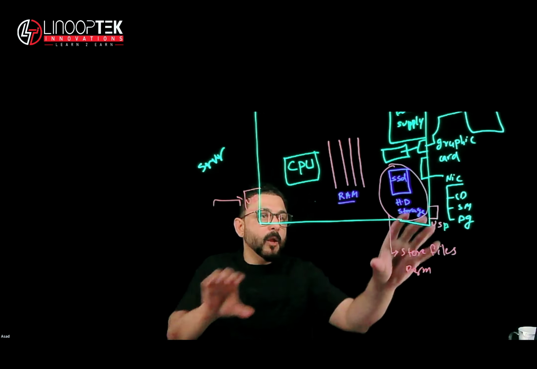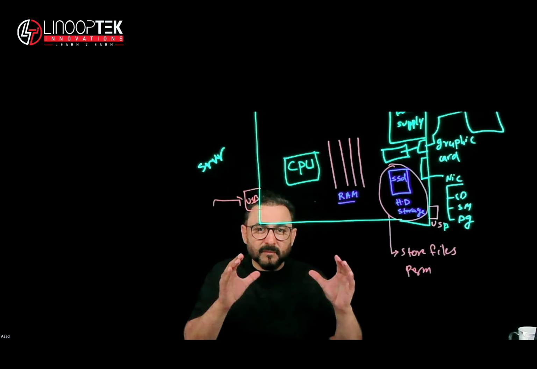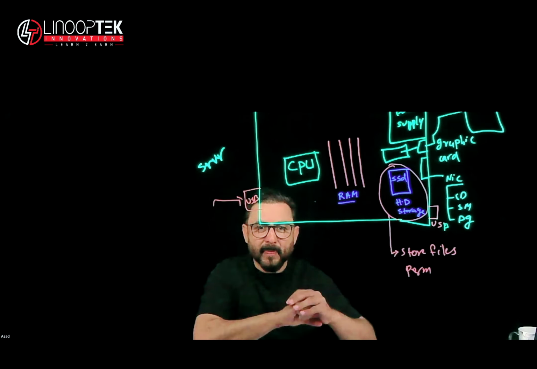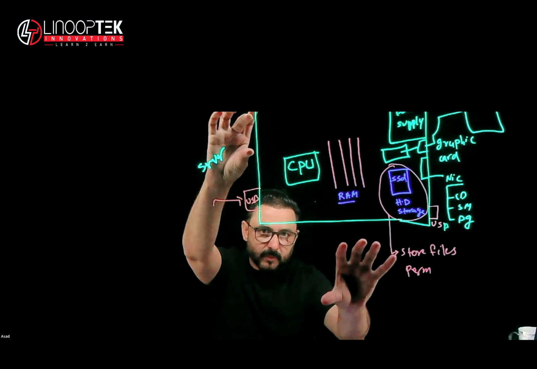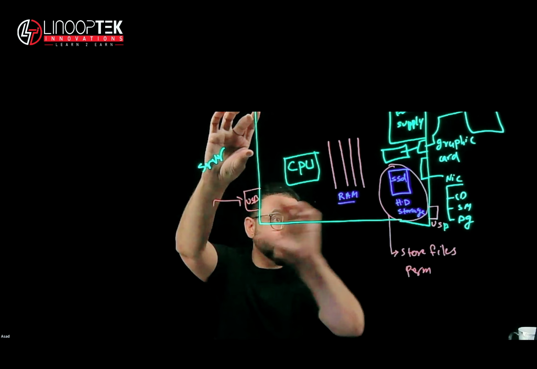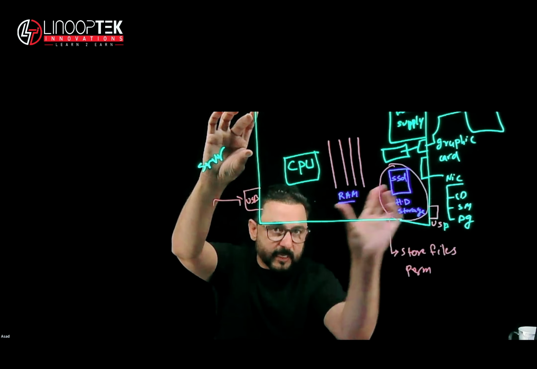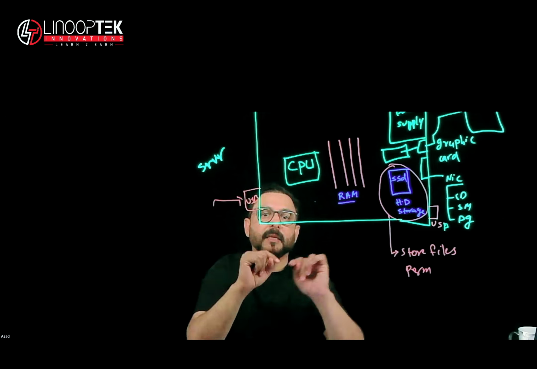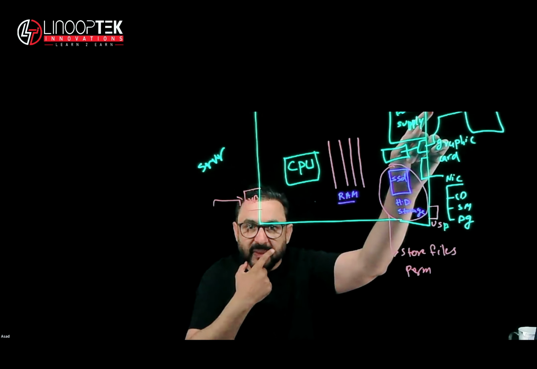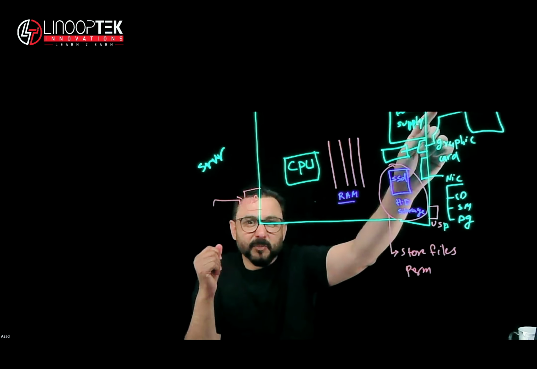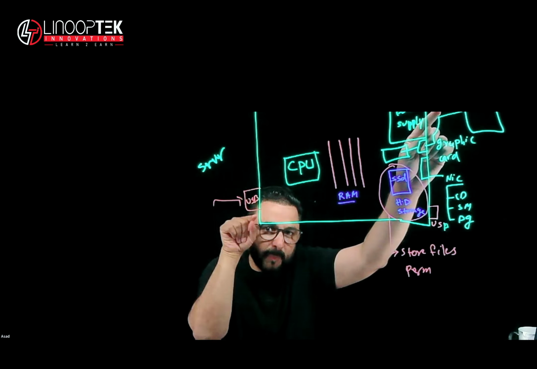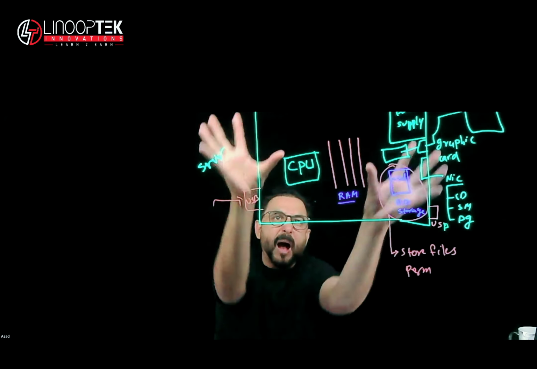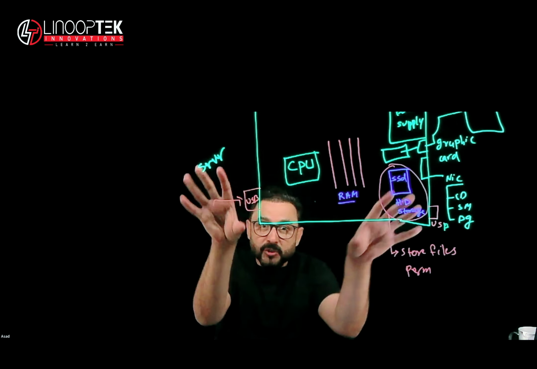Now, once this operating system is installed on this hard drive, because you told me it stores on this hard drive, and I power on this server using this power supply, that's the power supply's job. I turn on the power button, the power supply powers every component, and you see some lighting.